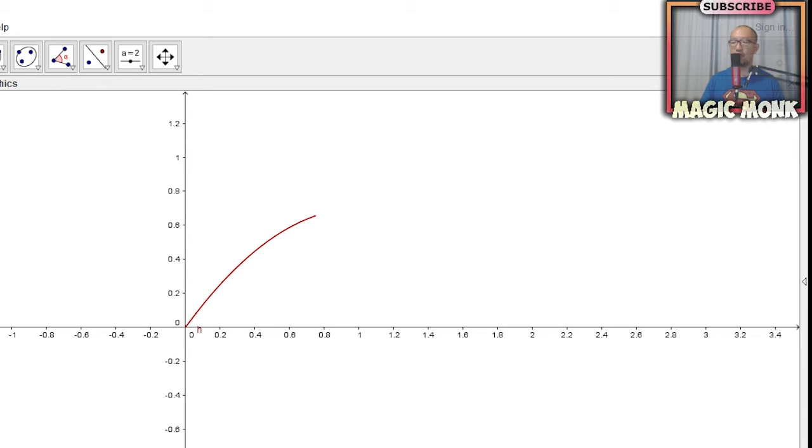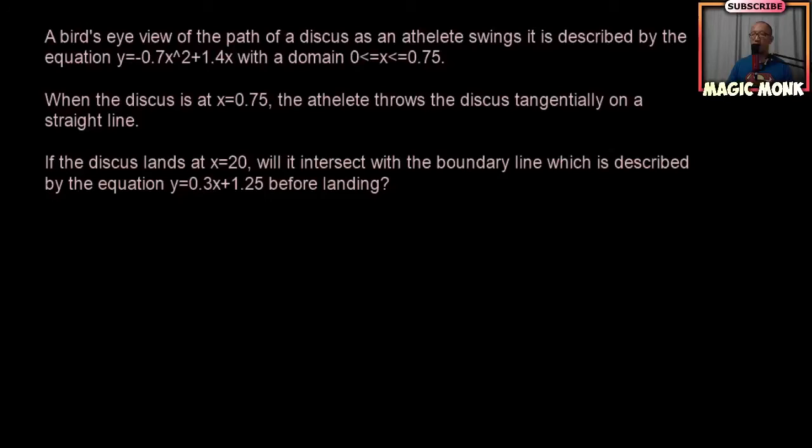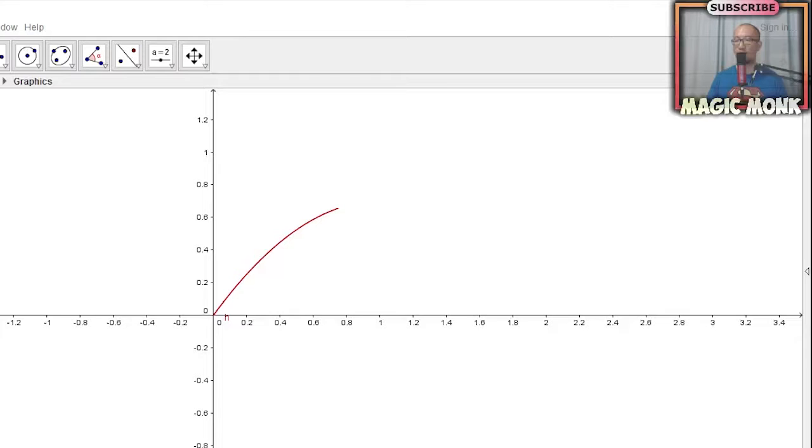Okay, so let's go back to the question. The next part says that when the discus is at 0.75, so when that first line ends, the athlete throws the discus tangentially on a straight line. So what does that mean?